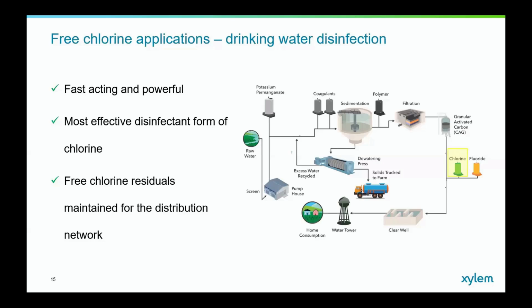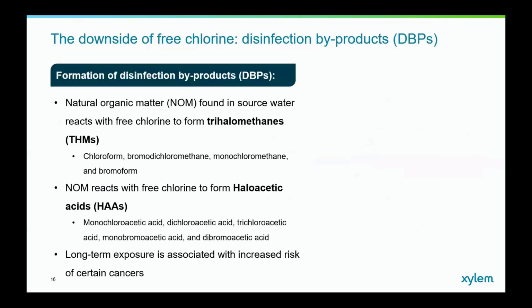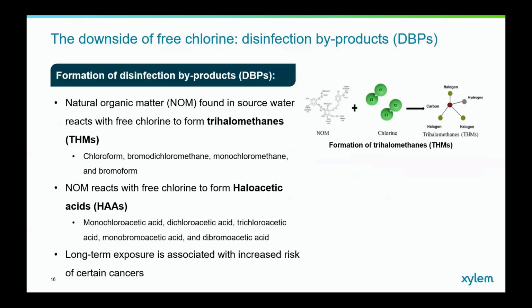Free chlorine is used in drinking water disinfection because it is the most effective and fast-acting form of chlorine for disinfection. However, there are some downsides to the use of free chlorine, and that is the formation of disinfection byproducts, or DBPs.